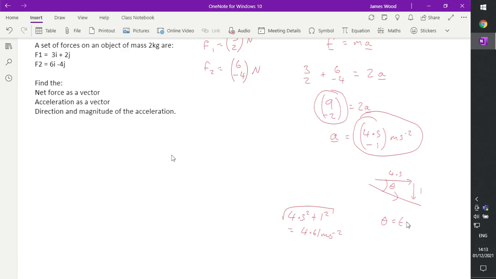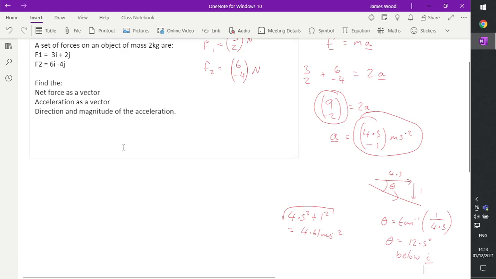So theta would be inverse tan of opposite over adjacent, so 1 over 4.5. So that's about 12.5 degrees. Now the way I would describe that is I'd say 12.5 degrees below the vector i, so below the horizontal. Okay. So that's just a reminder of how we can use vectors.